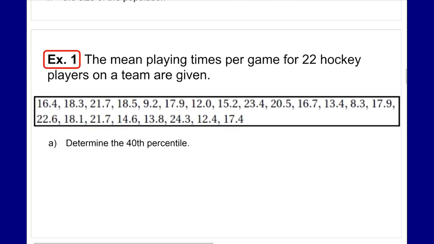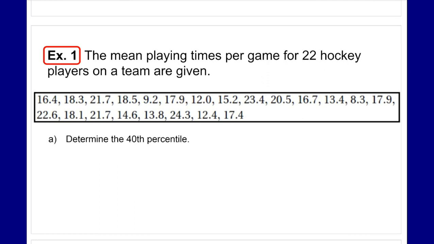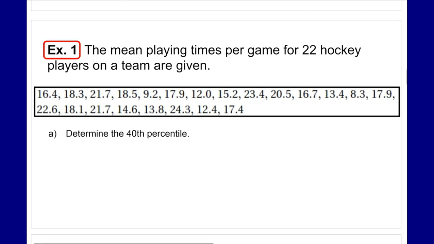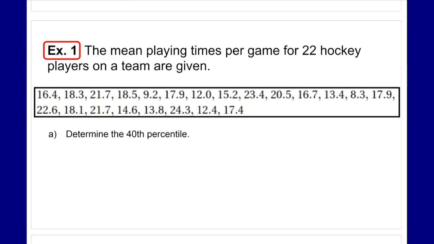For example, the mean playing times per game for 22 hockey players on a team are given. These are all times in minutes. We want to figure out the 40th percentile. So which value is at the 40th percentile? Which value represents 40% of the players being less than or equal to it?